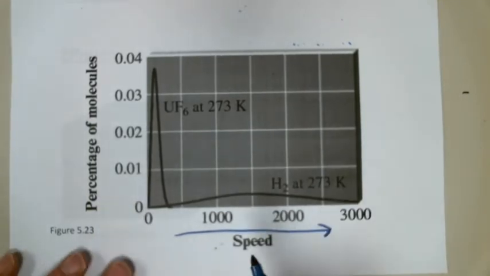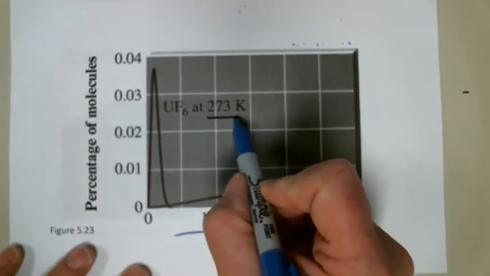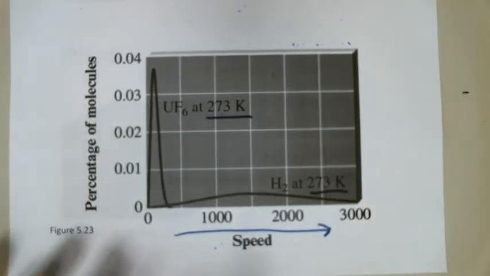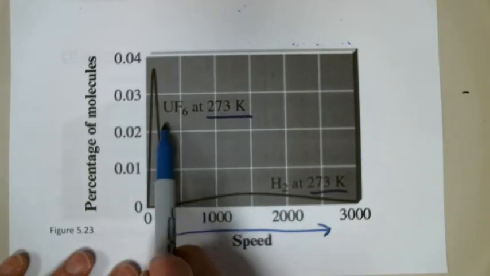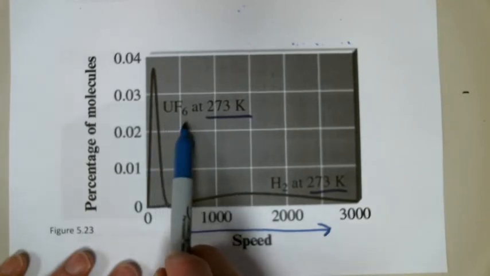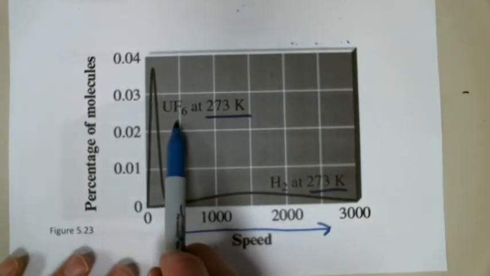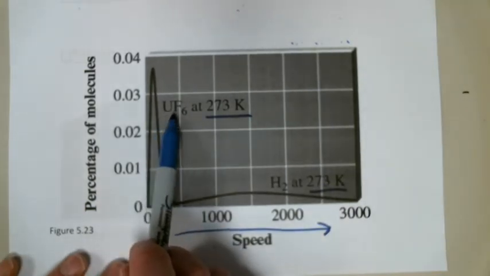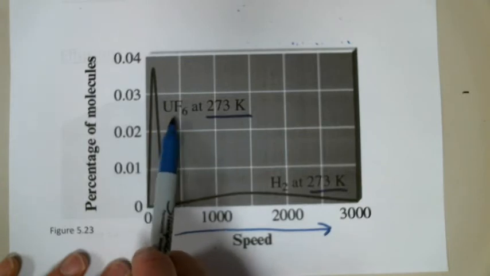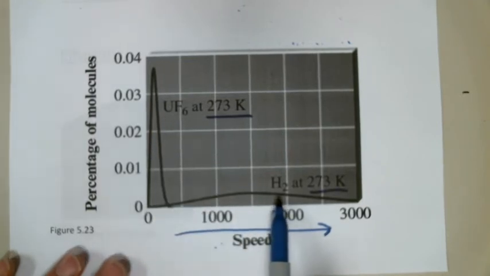Now, the difference here is that it's the same temperature, but we've got two different molecules. UF6, which is humongous and very, very heavy, right? Look up the mass of uranium, fluorine times 6 and add it together, compared to hydrogen being a mass of 2 AMU.